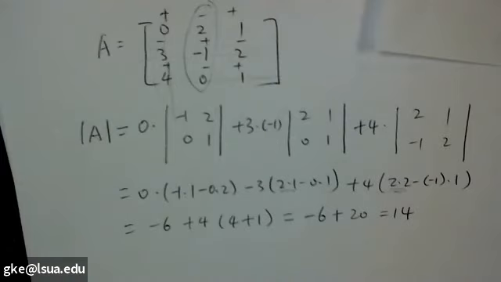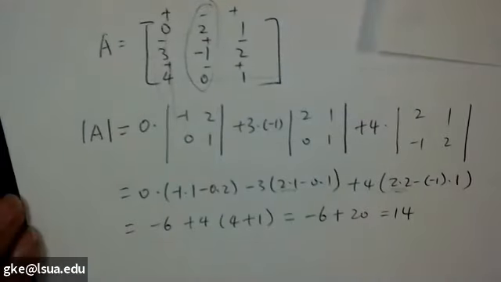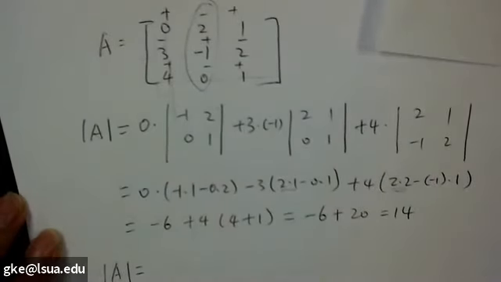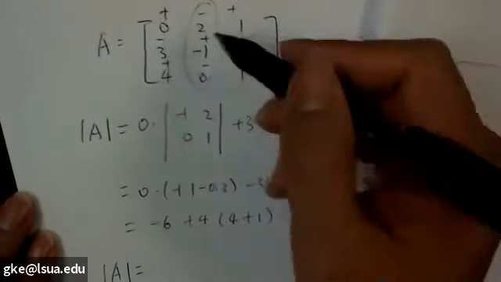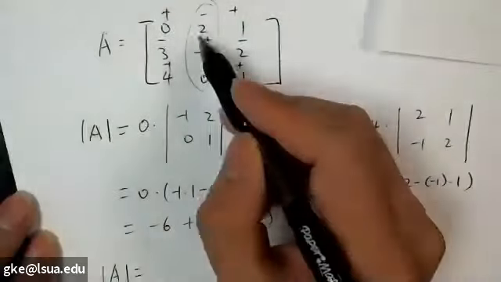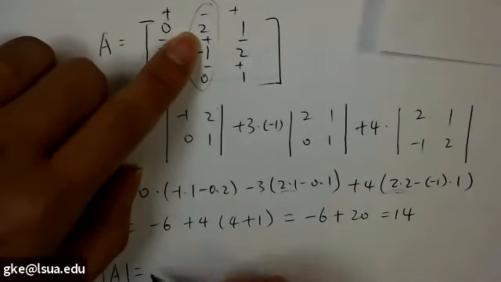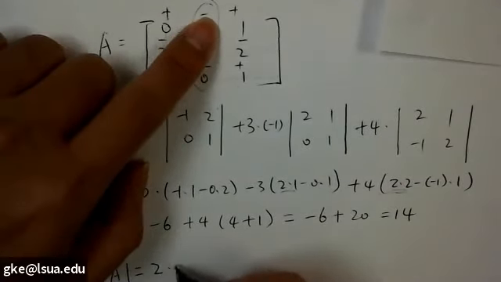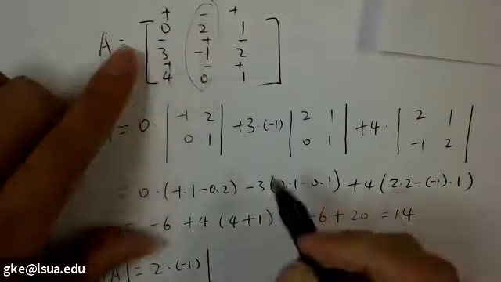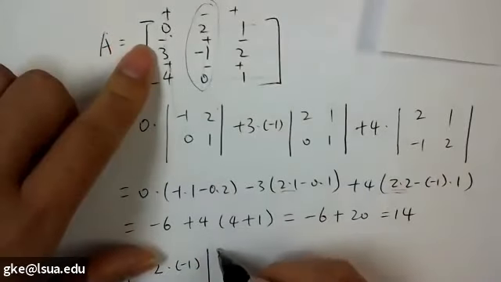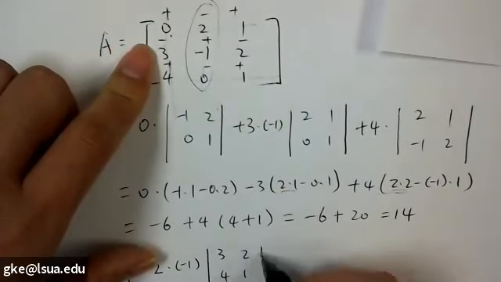Okay, we can do it on board. So if we do A according to the second column, we're gonna do the same things. So first, a12 is 2 times the negative, and then cross out the first row, second column, that is 3, 2, 4, 1.